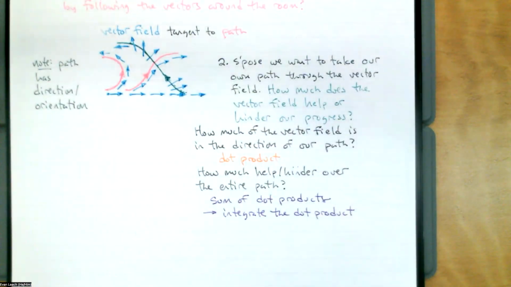So we want to find the sum of all these dot products along the entire path. We're going to have to figure out a way to turn this into an integration problem, because our vector field and our path are going to be changing continuously.